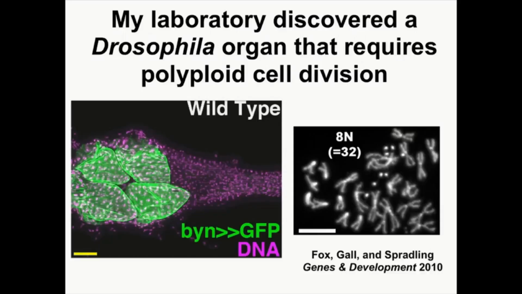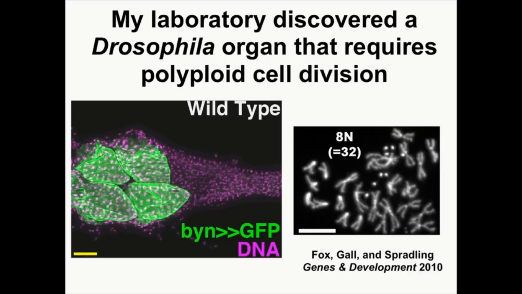Just to give you a very brief background on my interests, most of my lab is working on fruit fly genetics, and we're interested in studying organ development and the role of polyploidy in that case. We study a Drosophila organ that is sort of addicted to polyploidy, if you will. This is the rectum of a fruit fly, and there are these 4 beautiful structures called papillae that are critical salt-absorbing structures.